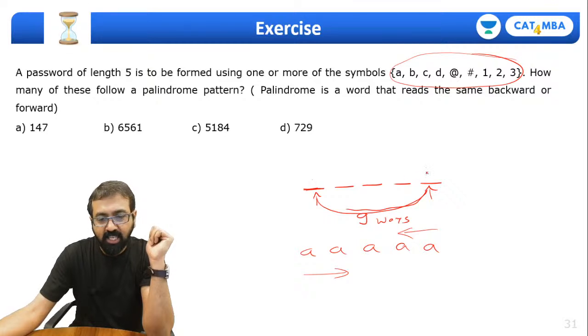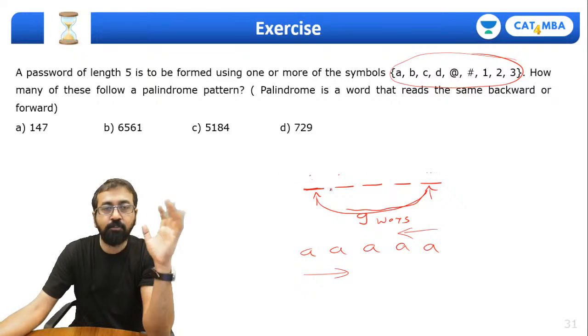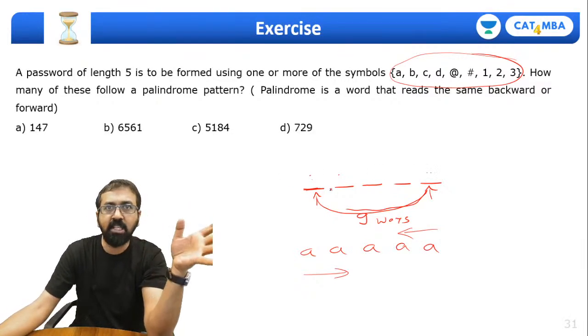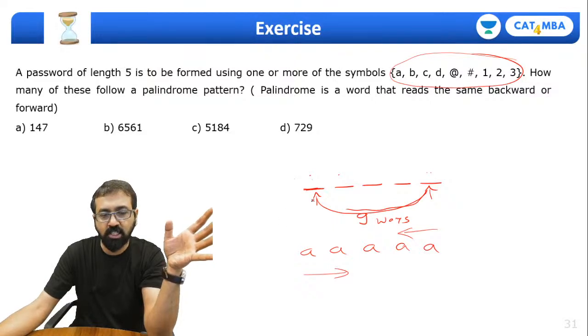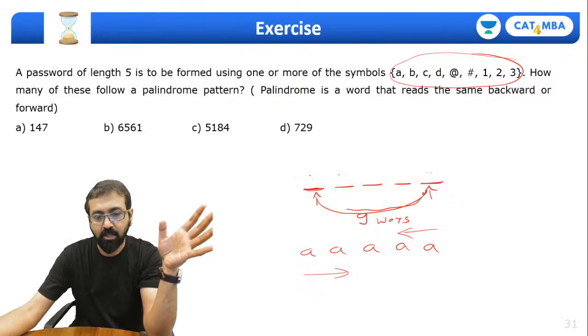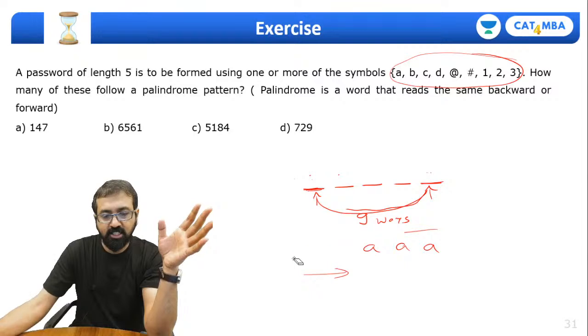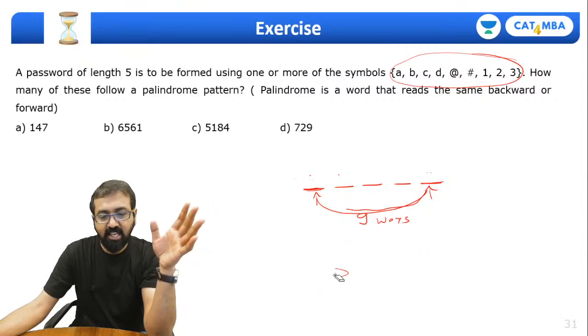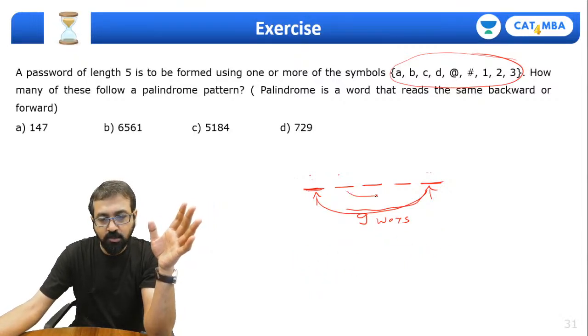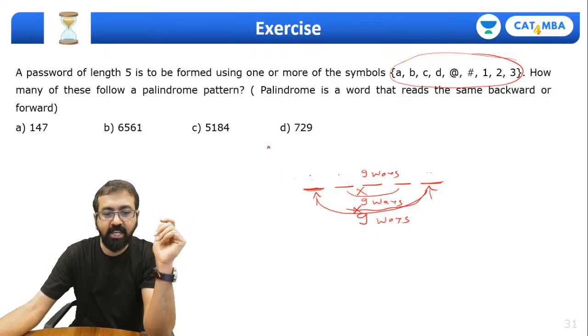So you can put A over here, B over here, B or C, whatever you put on the first position, the same thing you need to put on the last position. So don't consider these 2 as 2 distinct. But for both of these positions, there are 9 ways, right? Same way for both of these positions, again there are 9 ways, and then 9 more ways for this one. So answer is 9 into 9 into 9, 729.